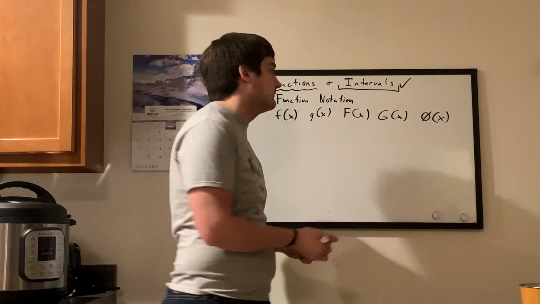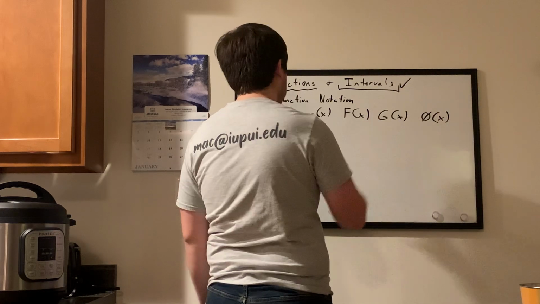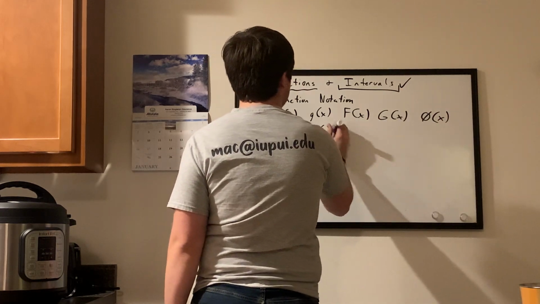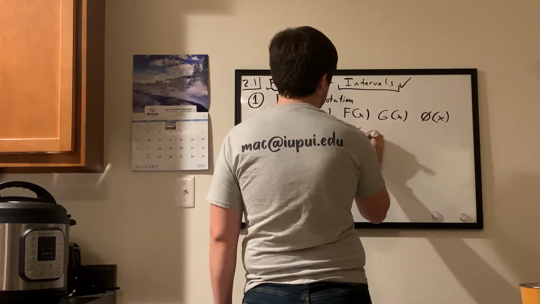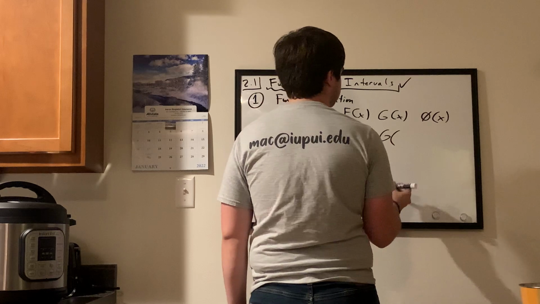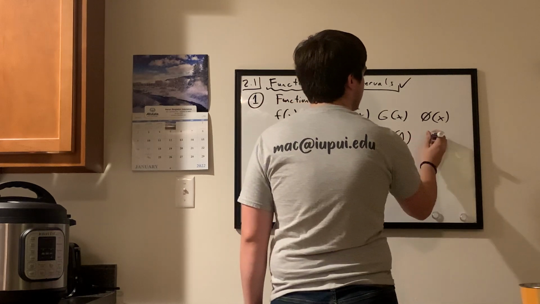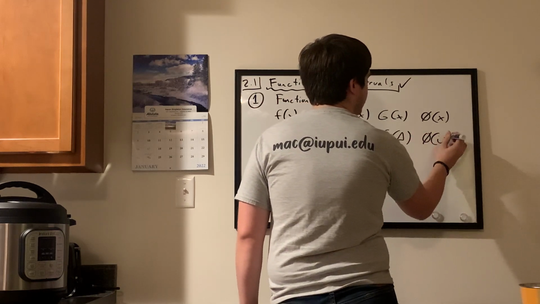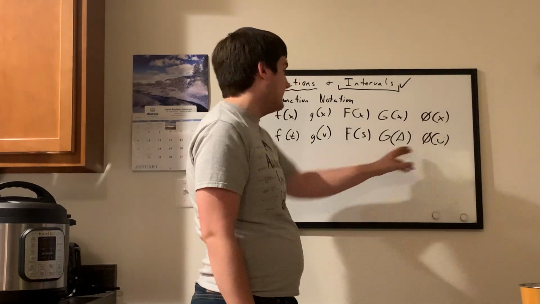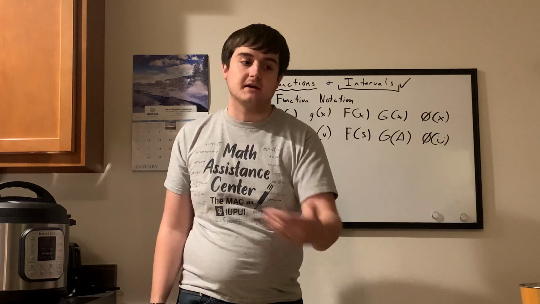It's completely fine. I could say f of t, g of v, f of s, g of triangle, v of smiley face. Anything's possible. I can use anything I want to, just as long as I'm consistent.